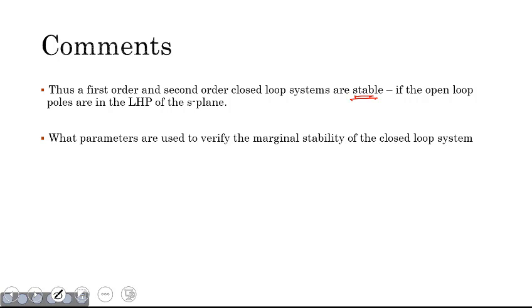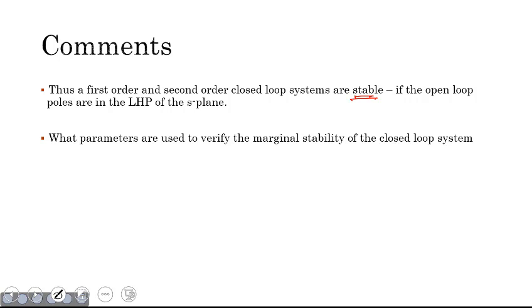And also, there is no way by which we are always looking back into our s-plane and seeing for what particular value of beta the system is stable or not, right? We need some set of parameters to define whether the system is stable or not by looking at a particular predefined value.